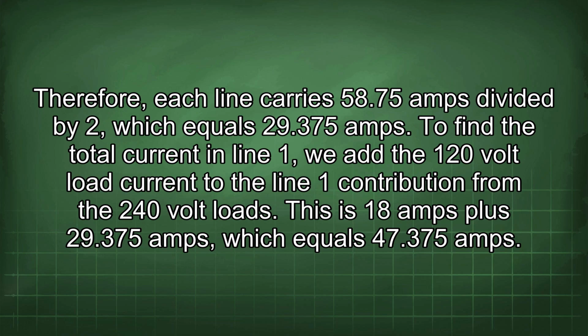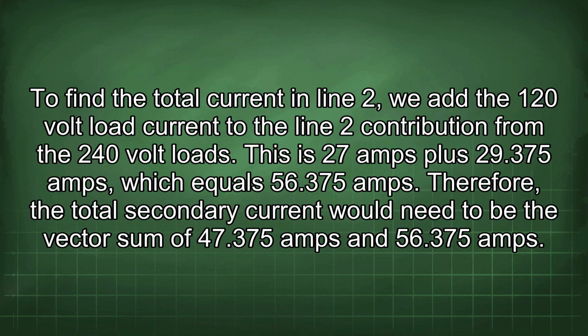To find the total current in line 1, we add the 120 volt load current to the line 1 contribution from the 240 volt loads. This is 18 amps plus 29.375 amps, which equals 47.375 amps.